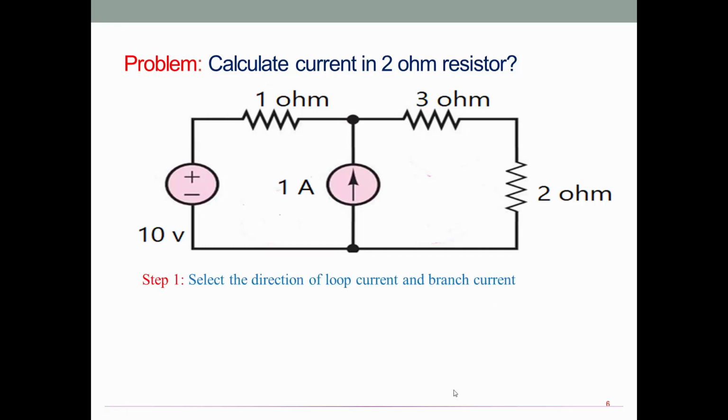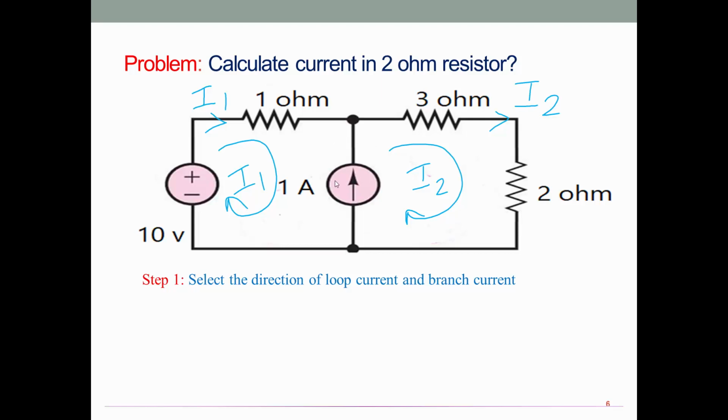As usual, step 1, select the direction of loop current and branch current. We have already chosen both clockwise, so I will take down here I1, this is I2. The 1 ohm has only I1 loop current, so simply take it. The 3 ohm as well as 2 ohm have only I2 loop current.